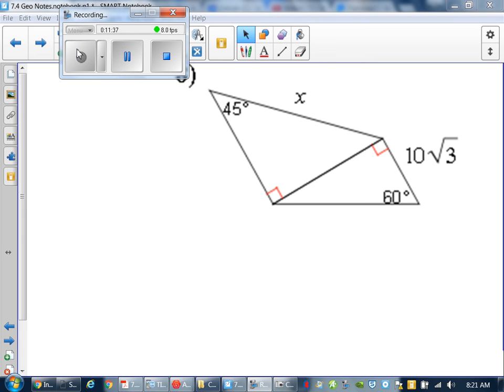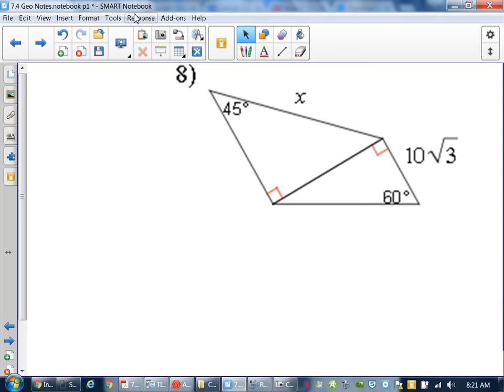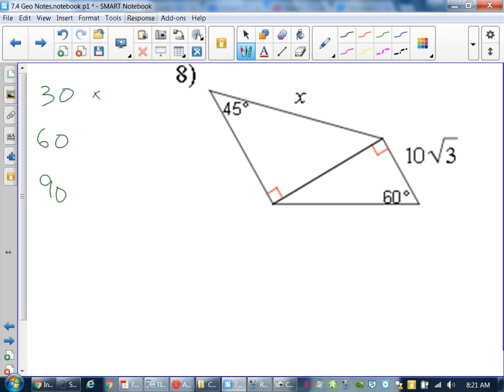All right. So this one here, you start with your 30, 60, 90. You know opposite which angle? You know opposite 30. So that means the value of x is 10 root 3. We need to find this value here.